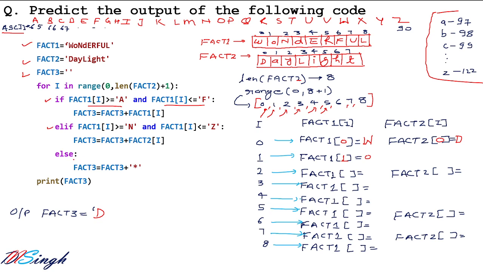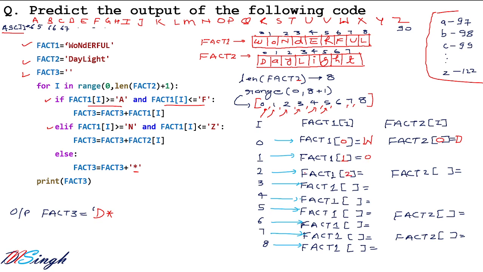In that case, a star will be concatenated. So we concatenate a star here, because the value of o is greater than Z, so it does not fall into any category of the if or elif conditions. Next, the value of i will be 2.